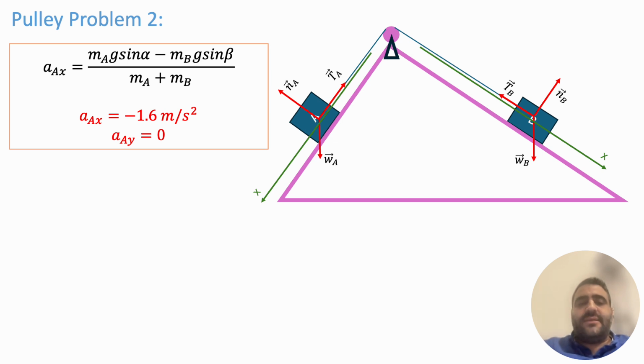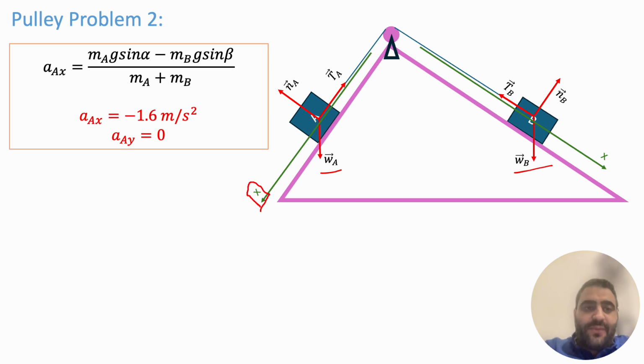So let's see if that makes sense. If we look at the system as a whole, TA and TB are internal forces. The normal reaction does not affect motion because the only possible motion is along the x-axis. So what matters for us is the component of WA on the x-axis and the component of WB on the x-axis. The component of A on the x-axis pulls A down, so it pulls A in the positive x direction.